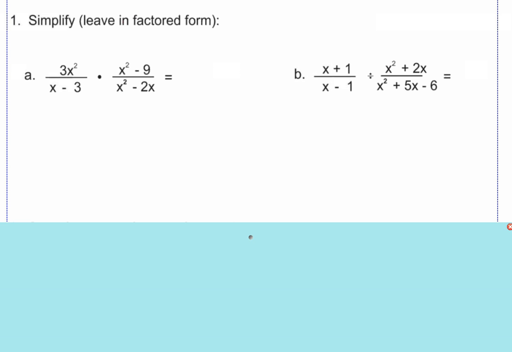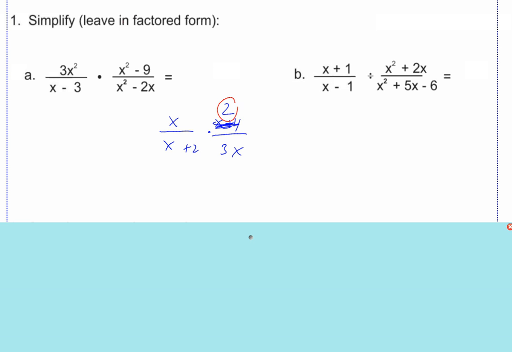So don't write this. Again, if I had something like this, x over x plus 2 times, I don't know, how about a x plus 4, probably not a good example here. Let me go like this. Let's just go simple. 2 over 3x.